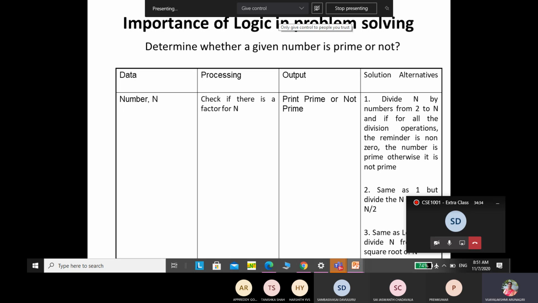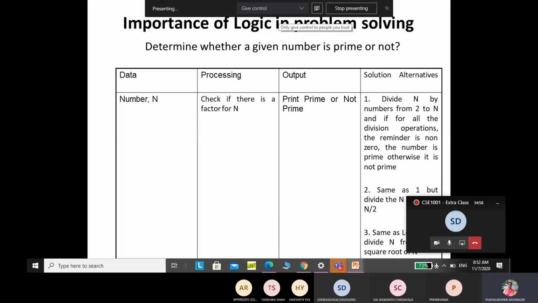For this problem we have some good alternatives also, and how to find the factor we'll discuss in detail in the coming classes. The computer does not know how to find the factor for n, so we have to give the logic for how the computer calculates it. Are you clear?